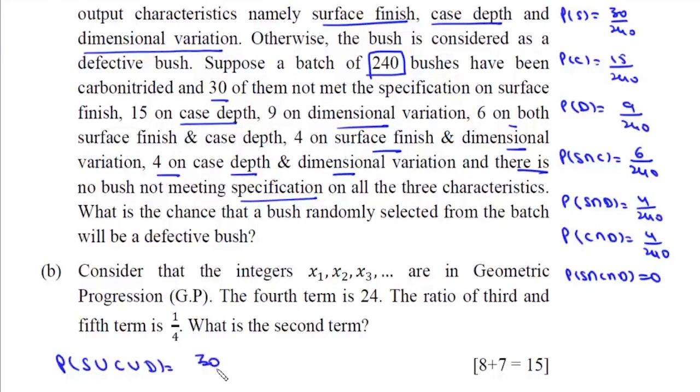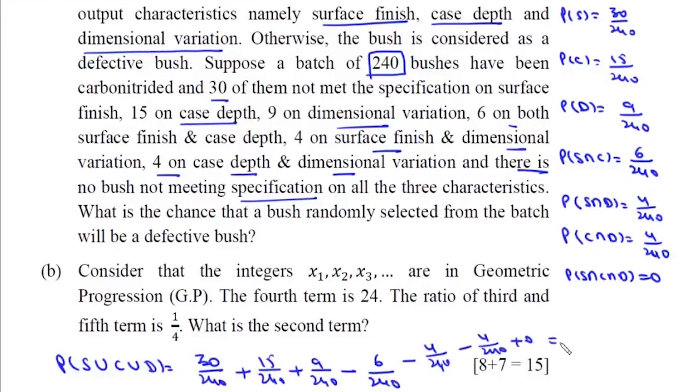So it will be 30 by 240 plus 15 by 240 plus 9 by 240, and then minus S intersection C, 6 by 240, minus 4 by 240 and minus 4 by 240 plus 0, and which comes to 40 by 240, and which is 1 by 6. So the chance that a bush randomly selected from the batch will be a defective bush will be 1 by 6.